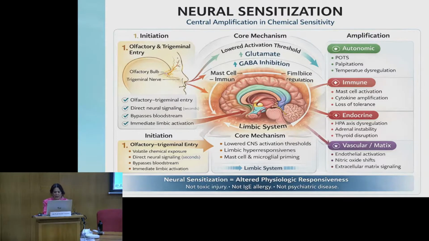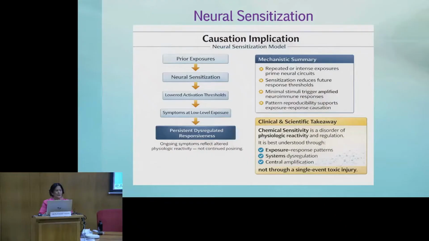And cytokine amplification, loss of tolerance, HPA axis dysregulation, adrenal insufficiency, thyroid disruptions, endothelial activation, nitric oxide shapes the ONOO cycle, perpetuates that, and extracellular matrix signaling, which then moves the homeostasis pendulum towards dyshomeostasis.